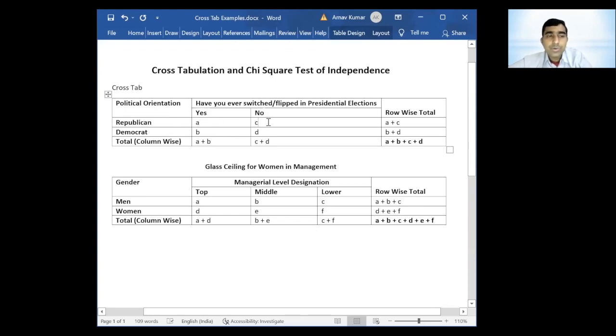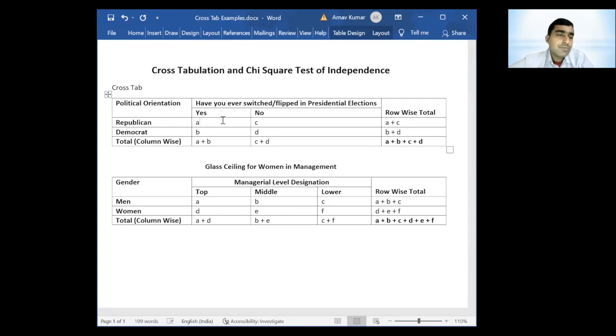C represents those Republicans who have not switched sides, and D represents those Democrats who have not switched sides. So these A, B, C, D items cannot be just read from the column or the row. They have to be read as an intersection of the column and the row variable. So this is a cross tab. You are basically representing two variables in one table.